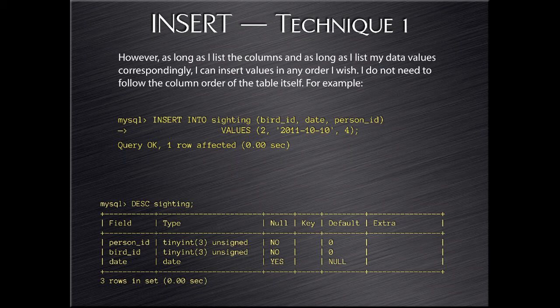And I've just moved the values over a little bit so you can see how that pairs up a little better. So 2 is going to go into the bird ID column. That date, 2011 October 10, is going to go into the date field, which is number 2. And then 4 is going to go into the person ID column. Now, that's totally fine. MySQL can figure that out. So those columns do not need to be in the proper order.